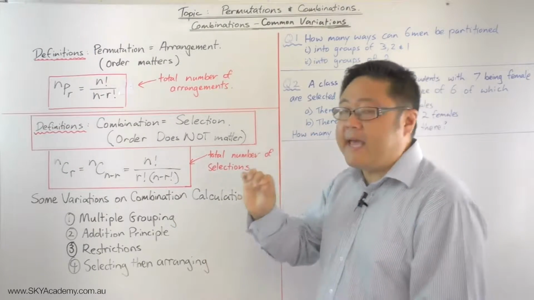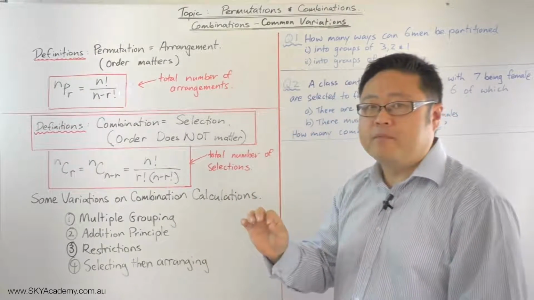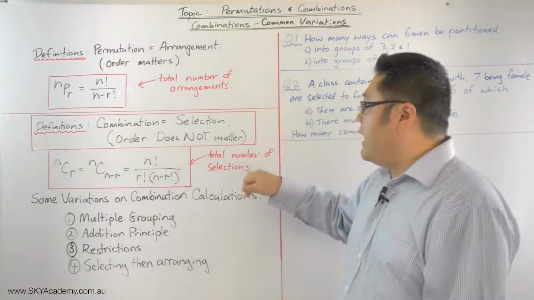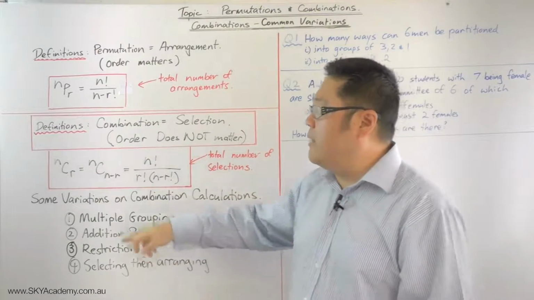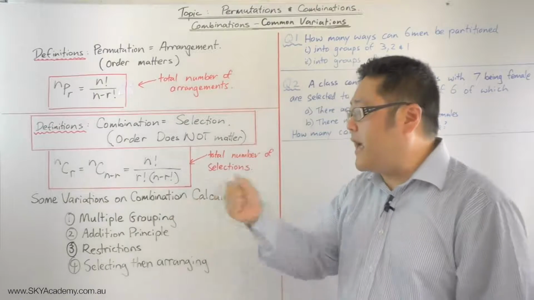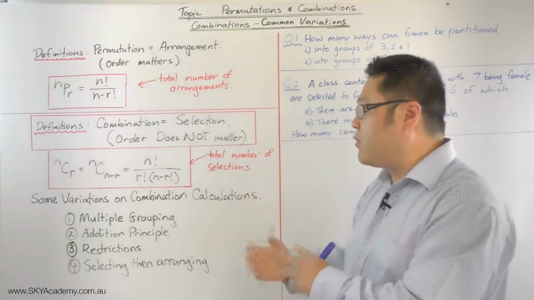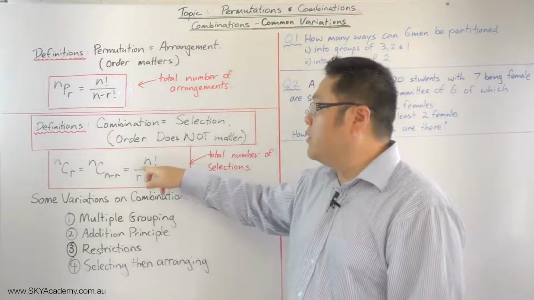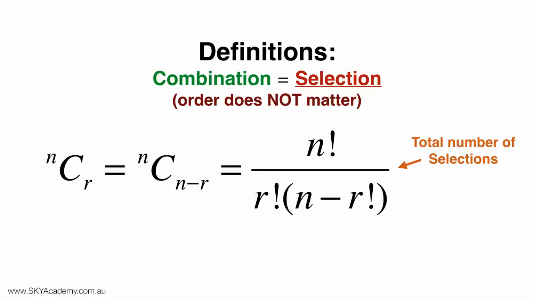Now, we worked out that the general way of working out how many selections there are from a bigger group of n, where you choose R objects out to form another group, is n factorial all over R factorial times n minus R factorial. So that's the general formula.